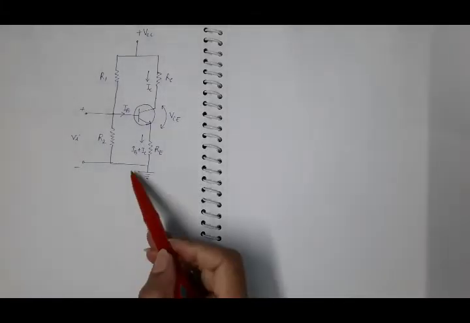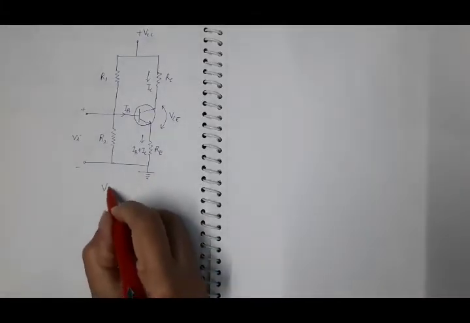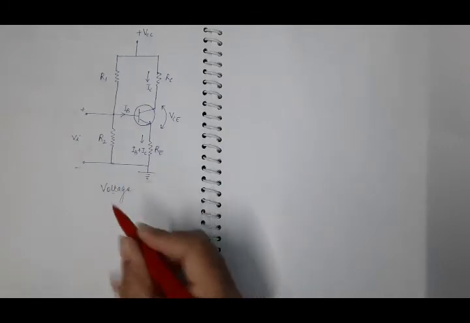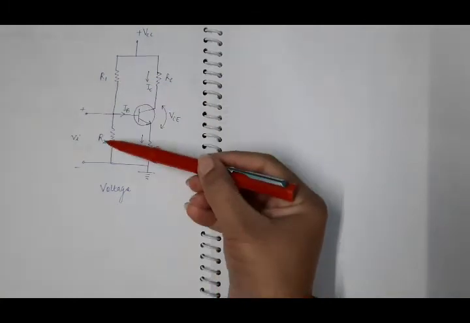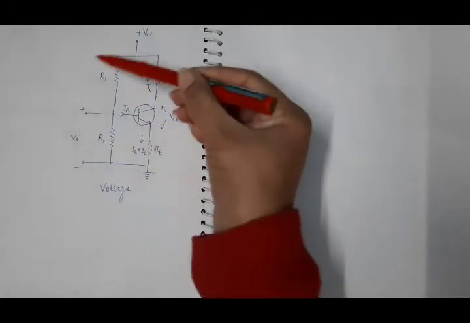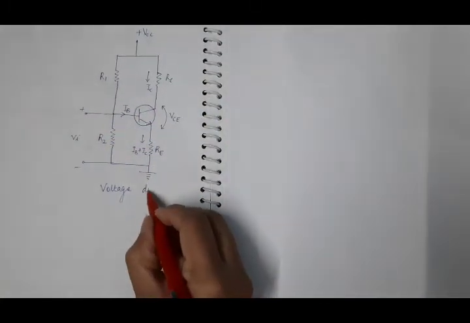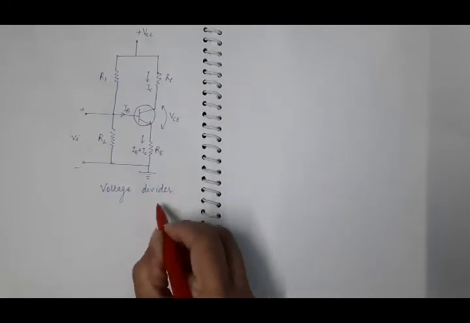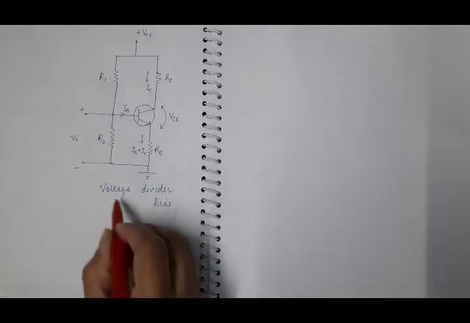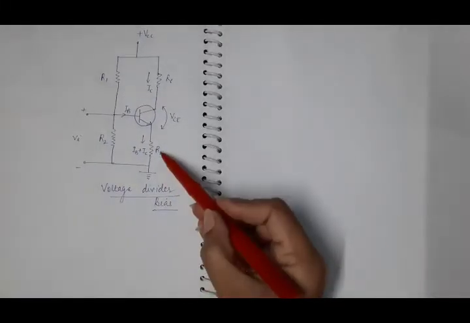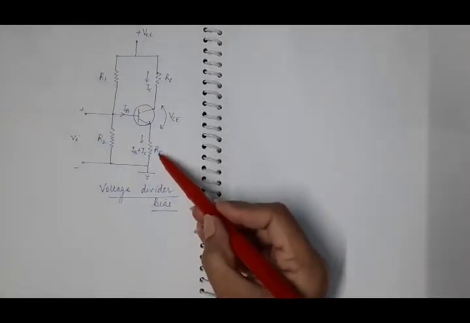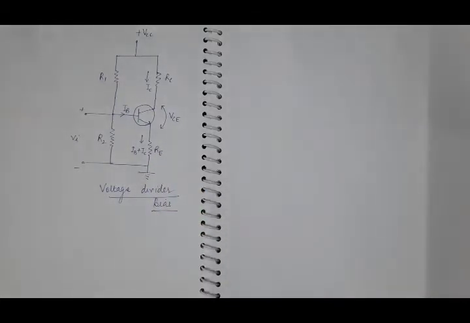This is the circuit of voltage divider bias. Here this circuit, which involves these resistors R1 and R2, is known as the voltage divider network. And here this RE provides stabilization.